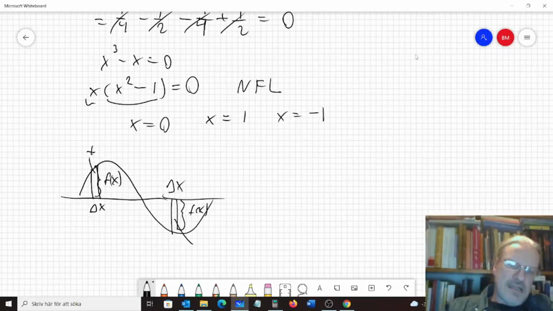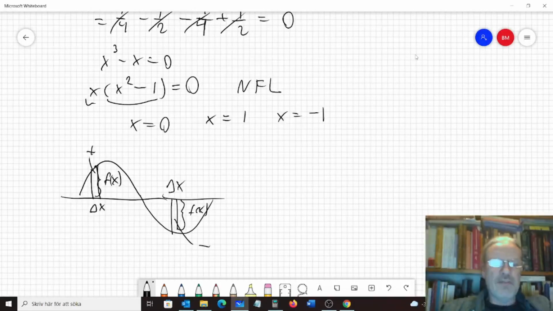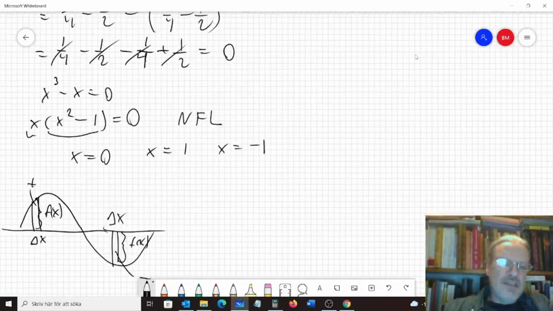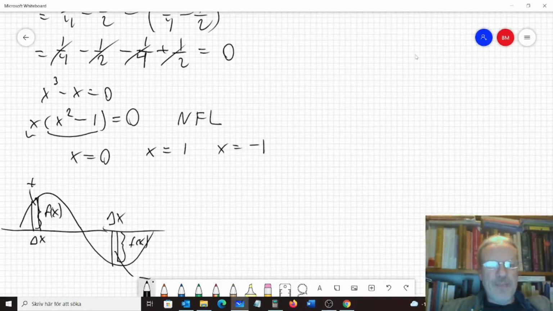So this little area is negative. So if the curve is below the x-axis, the area is counted as negative. If it's above, it's counted as positive. So in this case, these two bubbles happen to be equally big, for reasons of symmetry, right? So the area will evaluate to 0.